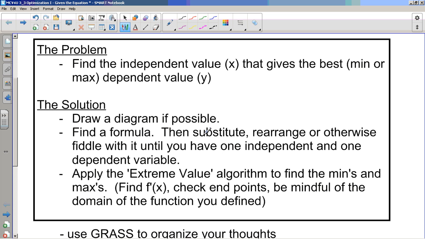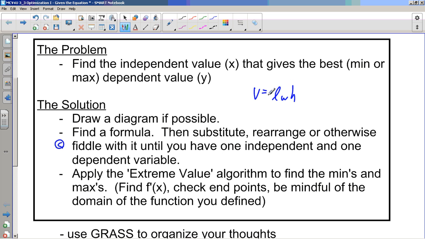After we've got a formula, we need to substitute, rearrange, or otherwise fiddle, and that's a rest-all copyright math term there, fiddle, with it until you have one independent and one dependent variable. So for instance, we might have volume equals length times width times height because it's some sort of box.